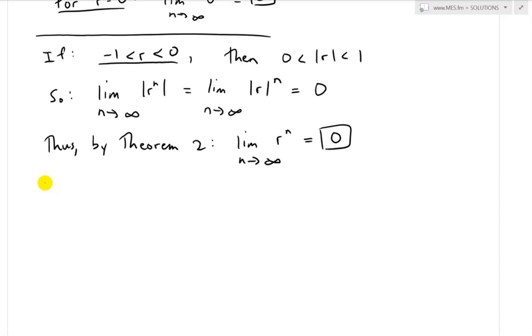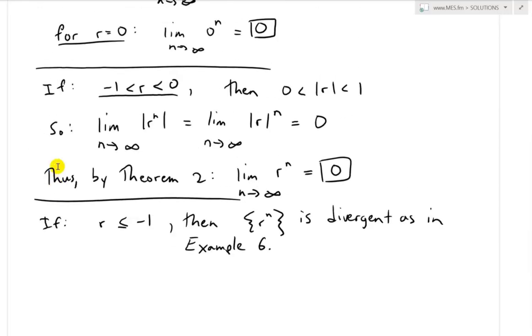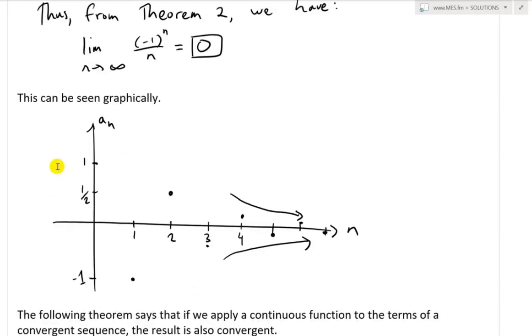And now the last case: if r is less than or equal to -1, then this one is obviously going to be divergent. Then r to the n is divergent, as in example 6 that I covered earlier. Let's scroll up to example 6 to recap.